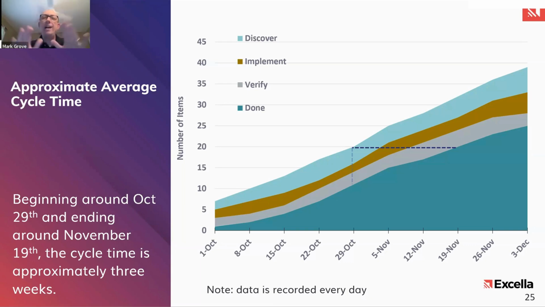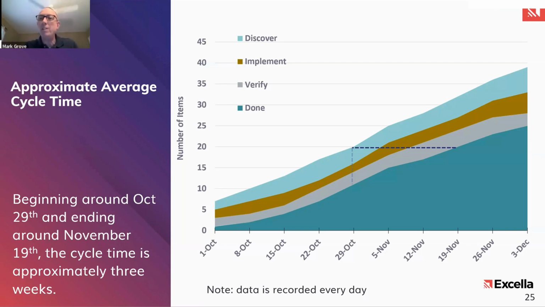And I want to be clear that I know cycle time and lead time have 1,000 different definitions depending on who you read and where you read and what you read and all that kind of stuff. For the purpose of the next hour, I'm defining cycle time as the clock starts the moment you bring a work item into your first doing column. In this case, it's discover, all the way to the moment it leaves verify and goes into done. That is how I'm defining cycle time.